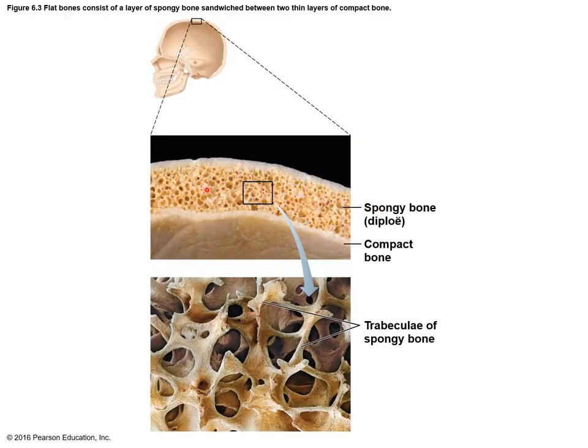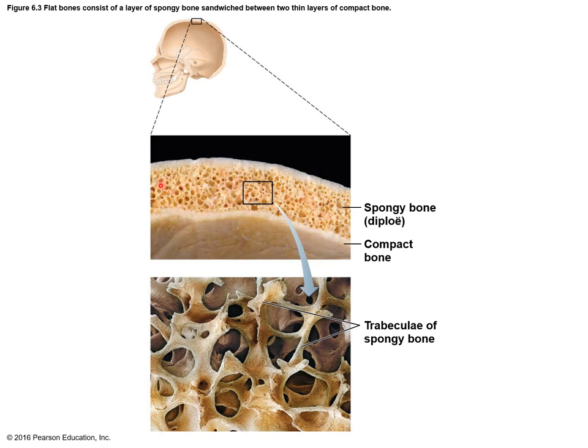Now, if you notice here, like I said, this is found in the flat bones, the short bones, the irregular bones. You have the compact bone on the outside, which makes sense because you don't want this directly exposed for danger of breaking it. So the spongy bone is always going to be internal on the inside layers, and that's why I said it kind of looks like a sandwich, if you will.